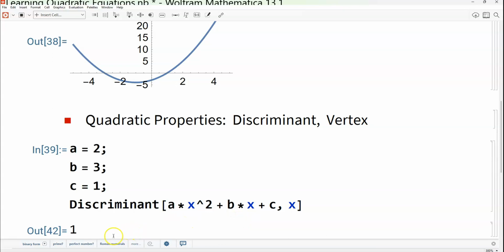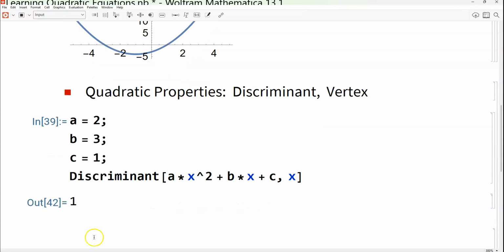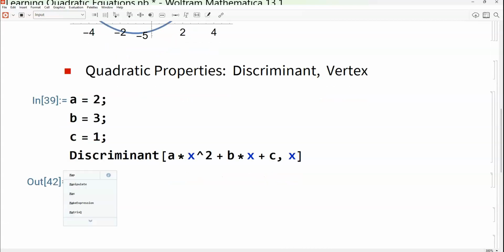Okay, that's cool. And suppose you wanted to find the vertex, right? So a vertex, conceptually, what is the vertex? It's either the maximum or the minimum. So we're going to use another function. This one is called Minimize.